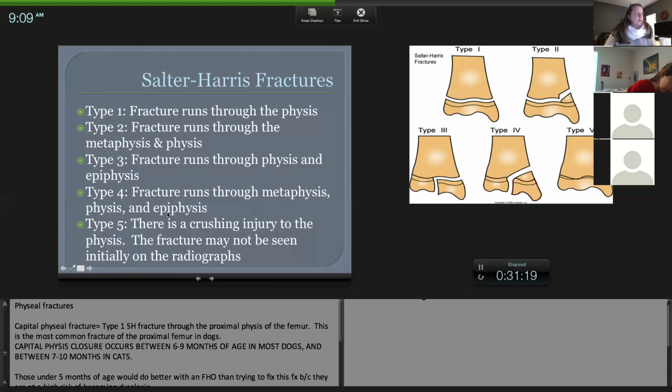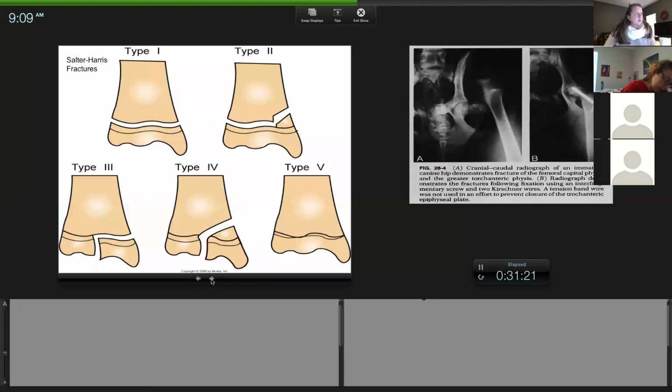Type 3, and it's all listed here. Let me show you the pictures, okay? So here is where we're looking at the femur coming down, or this could be the humerus. So this can happen anywhere near a joint, but you can see this gap here is the growth plate, okay? So this would be the distal epiphysis, the proximal epiphysis would be up here.